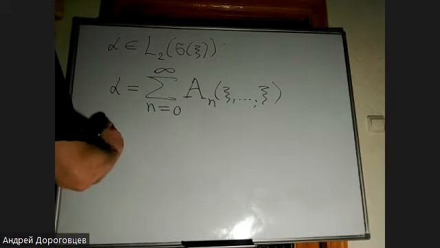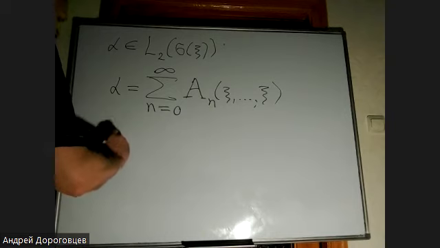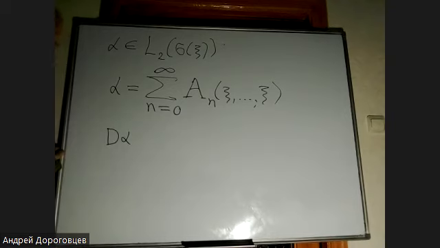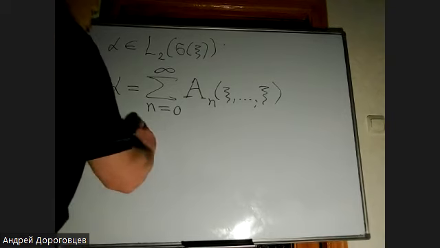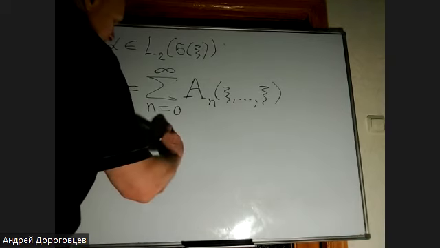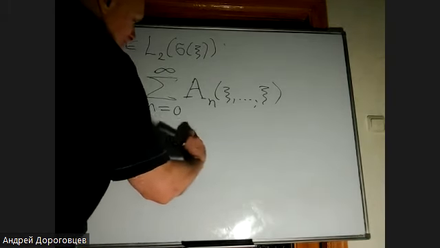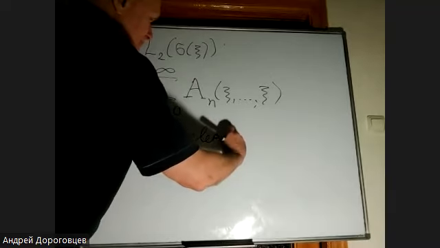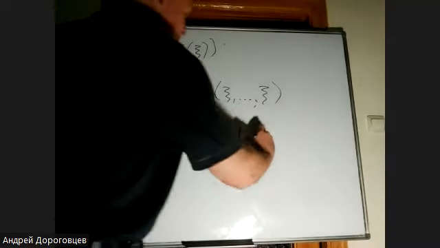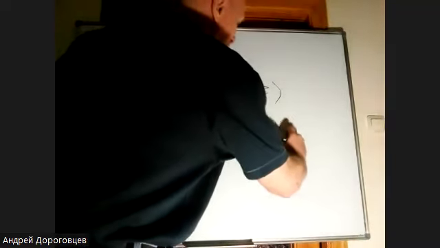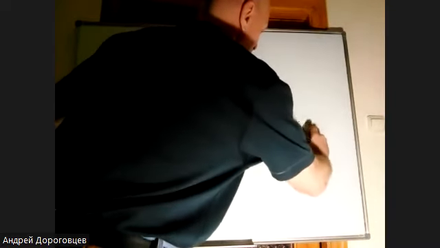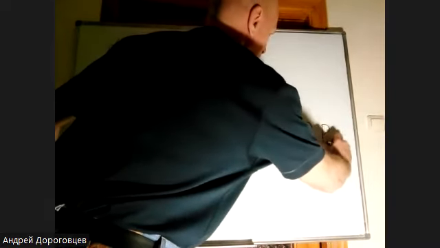We discussed that D alpha, if it exists, the stochastic derivative, is an element of L2(Omega; H).